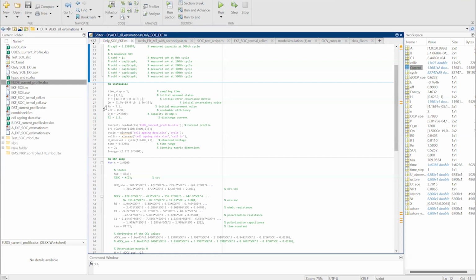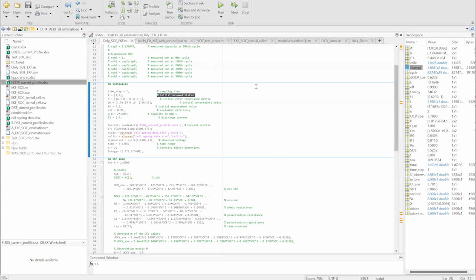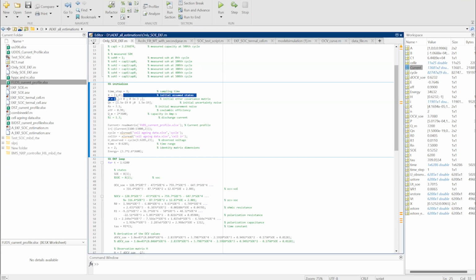So the initialization, we are going to do the initial states, like I was explaining, right? In my case, the states are SOC and the voltage, I can say VR.